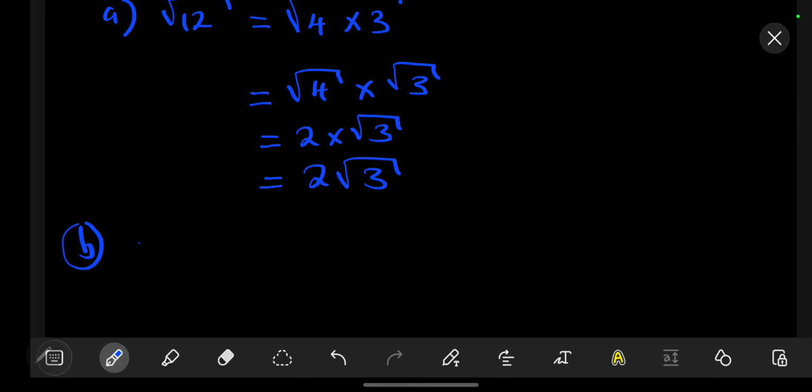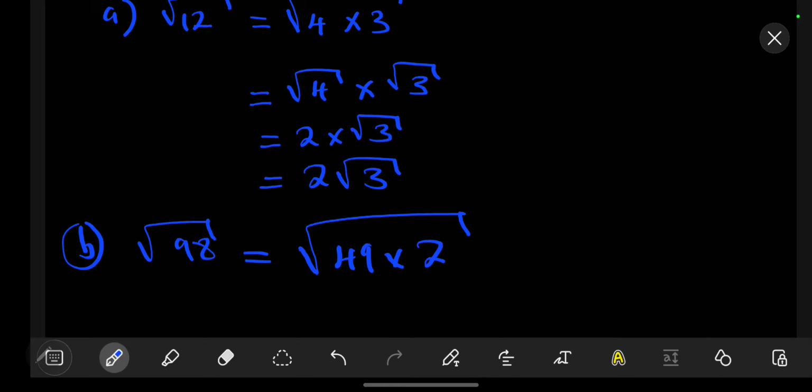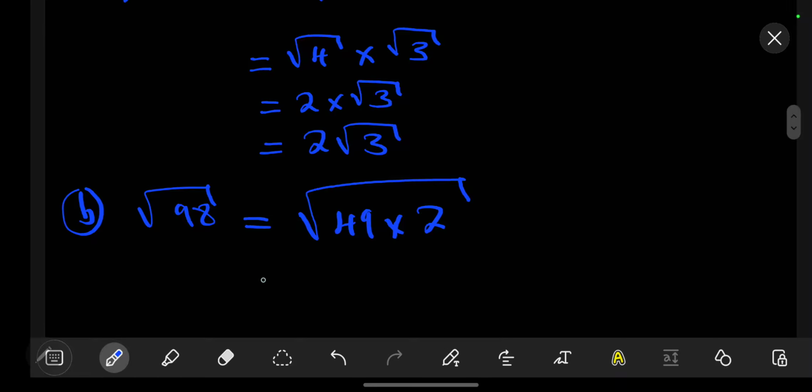Let's say we have the square root of 98. Look for one number that has a square root. In this case, we are going to use 49. So the square root of 98 is the same as the square root of 49 times 2, which is the square root of 49 times the square root of 2.